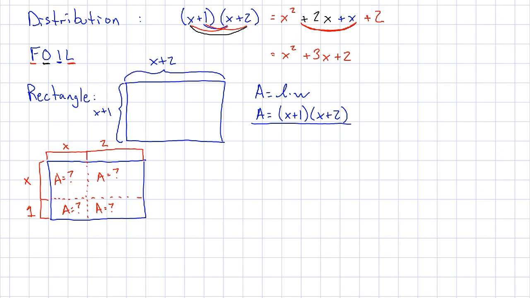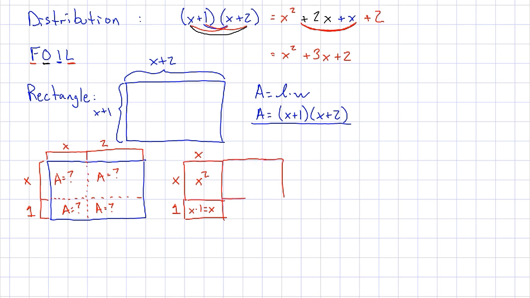So let's consider it. I have my first box, length x, width x. So x times x is x squared. That's my area. I have this smaller box here with 1, length x. x times 1 equals x.